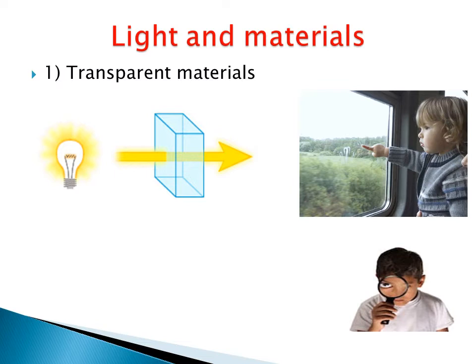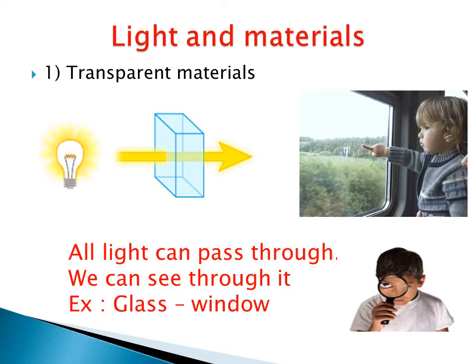So the light here can pass through the glass because it's a transparent material. We can see through it, like the glass, like the window, like the magnifying glass. The light moves from here to the other side and we can see very well.